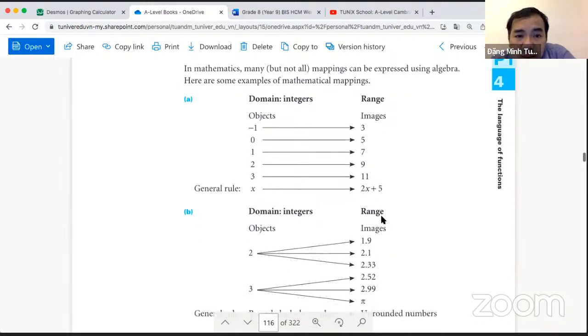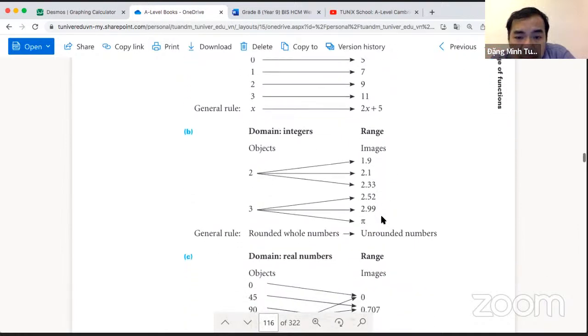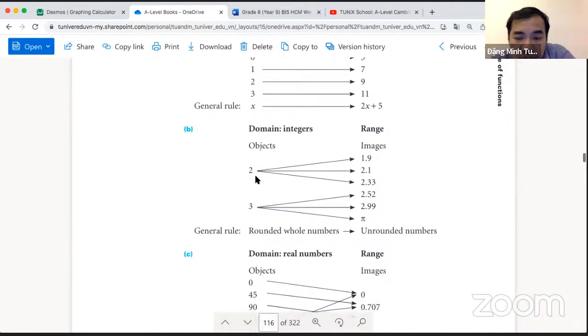But sometimes the object from integer 2 can map to the images 1.9, 2.1, and 2.33. And maybe object 3 connects to the images 2.2, 2.99, pi, and so on.